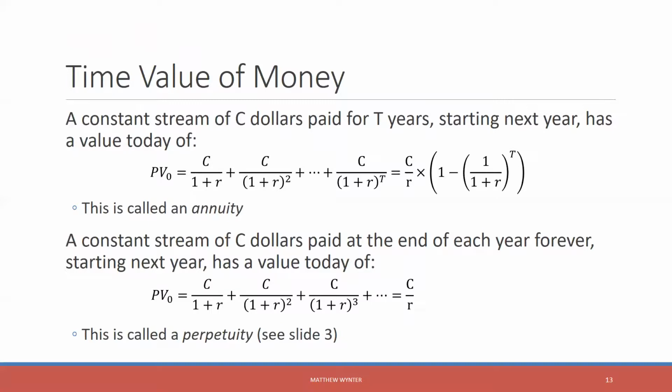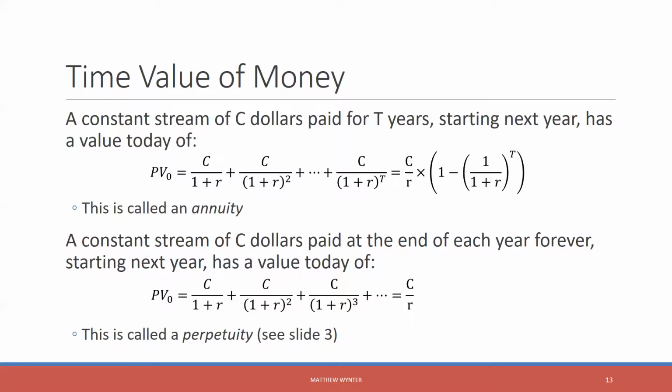The time value of money: if we have a constant stream of C dollars, so if there's a constant cash flow paid for T years starting next year, well, then we'll have an annuity. The biggest difference between an annuity and a perpetuity is that the perpetuity is perpetual, meaning that it goes on forever. So we can see that that's going to affect our valuation. When I look at the present value of an annuity formula, there are two things that should jump out to me.